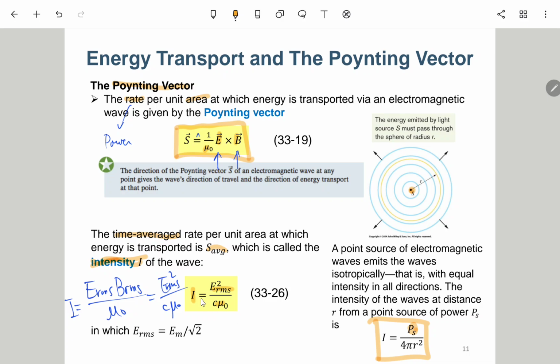So actually this one and this one will be equal to each other, and we can do some calculation in the coming sample problem.